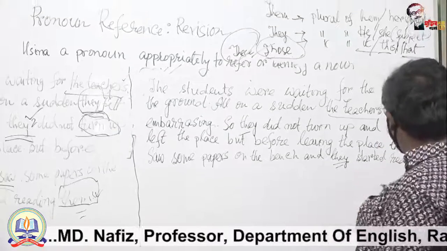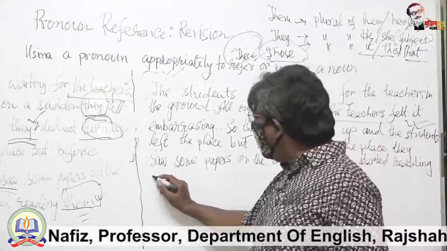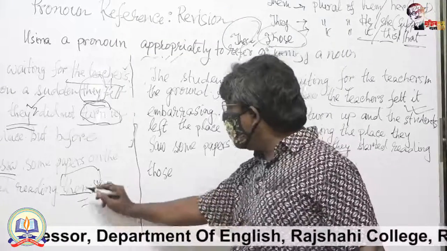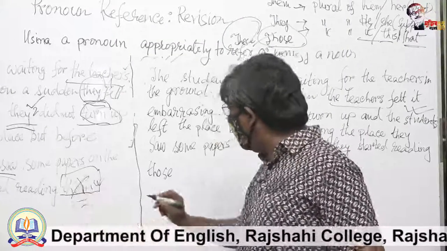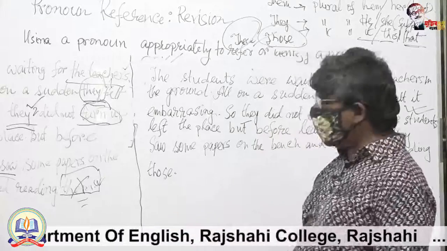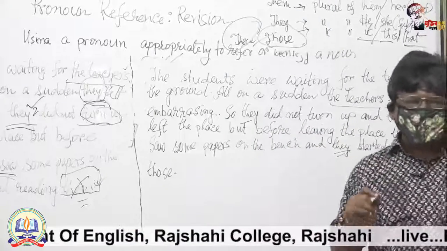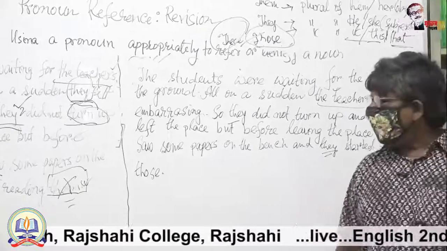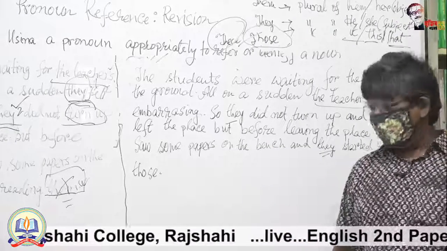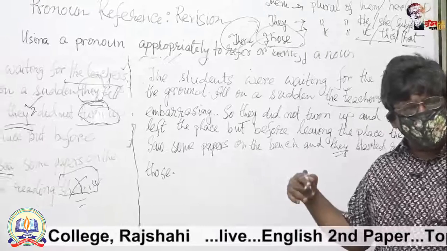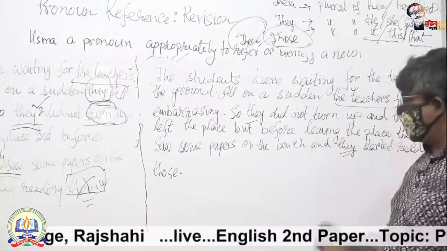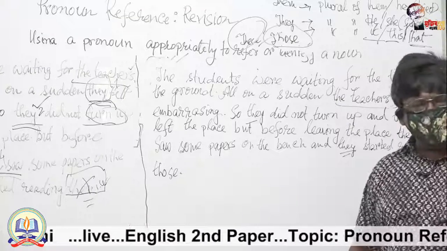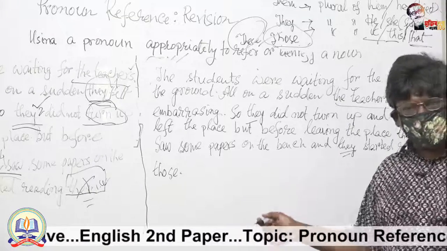You need to write they started reading those, not this them. Those means those papers. This is the right use of the plural pronoun of that.